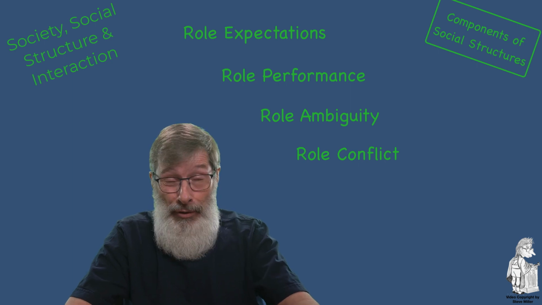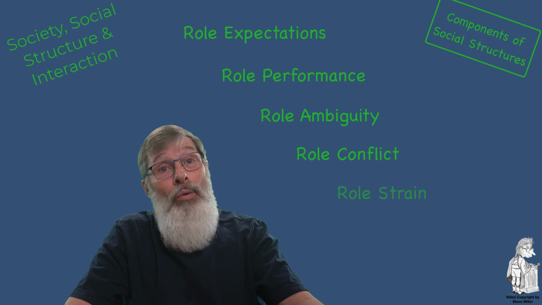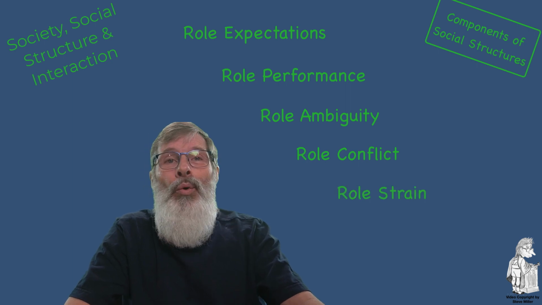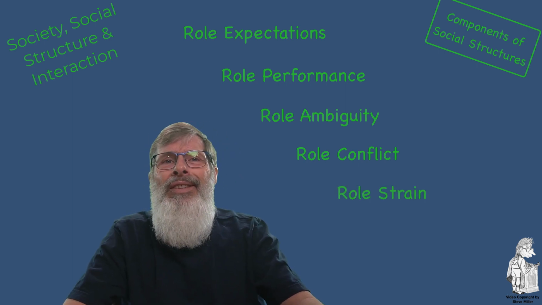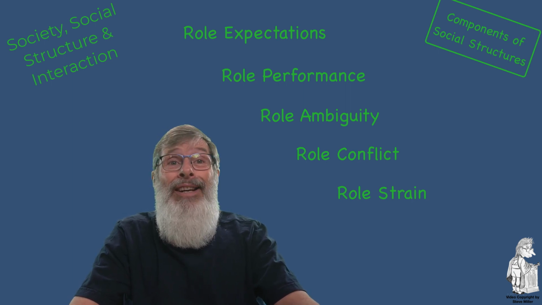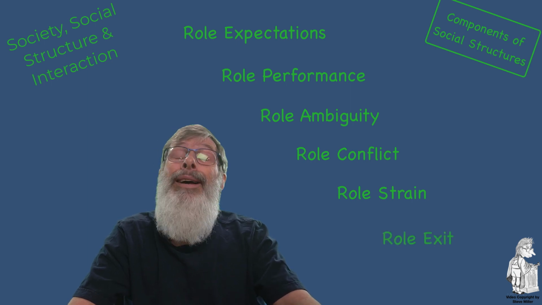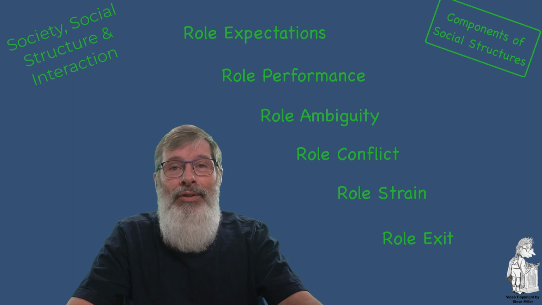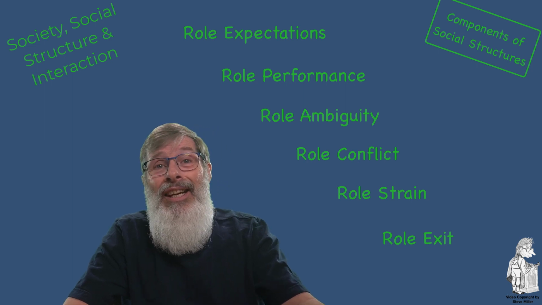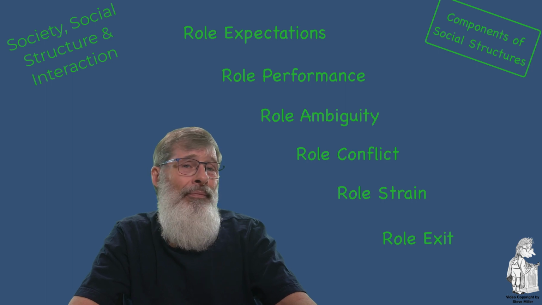It may be difficult to balance them. It could produce role strain. Role strain is when these incompatible demands are placed on a single status that the person occupies, and it's difficult to maintain it. It may translate into role exit. This occurs when people disengage from social roles that have been central to their self-identity.